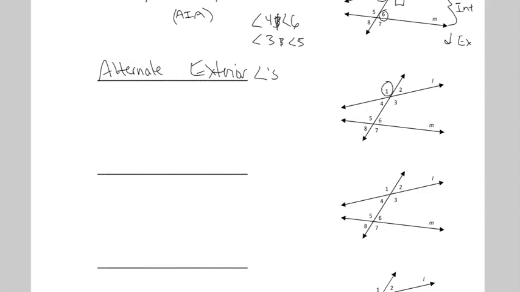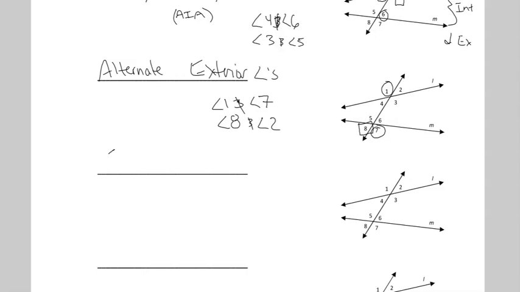Angle 1 and angle 7. Notice how they're switching sides and on the exterior. And 8 and what's another one switching sides and on the exterior? Angle 8 and angle 2. Those are our alternate exterior angles.